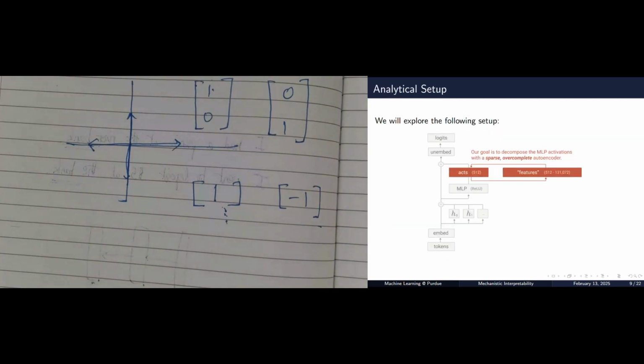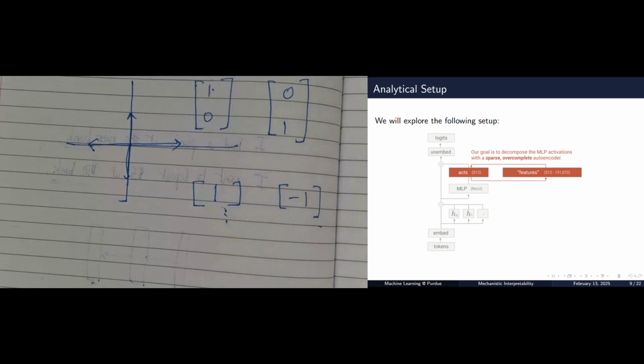Yes? Just the activations come out of the MLP. Yes. And instead of just using them directly in skip connection, you now feed them through the autoencoder. Oh, this is separate. We don't necessarily use this to influence the forward pass. It's just like an internal mechanism put on top. Yes, exactly.